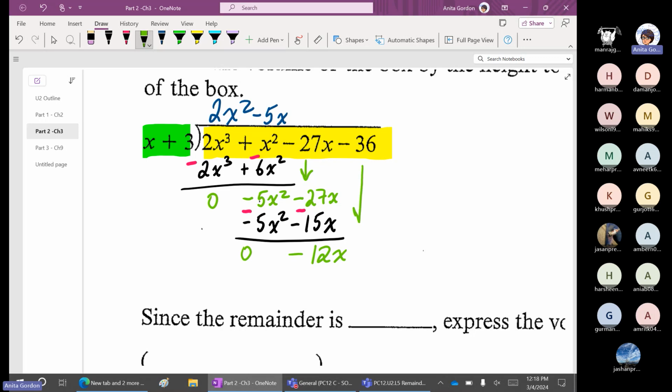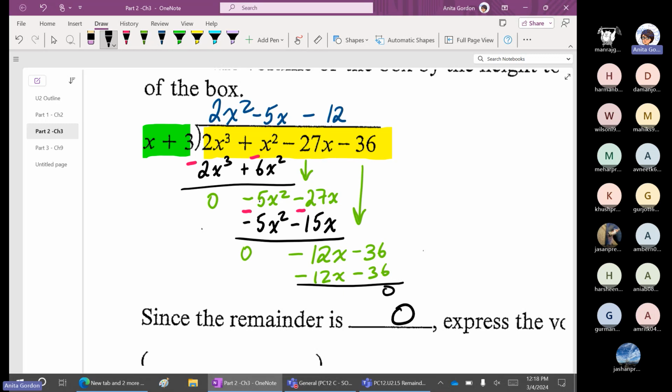Okay, and then I bring the next term down, minus 36. What do I do to x to get negative 12x? Negative 12. All right, so this gives me negative 12x. Negative 12 times 3 is also negative 36. Hooray! The remainder is 0. That is what we wanted.